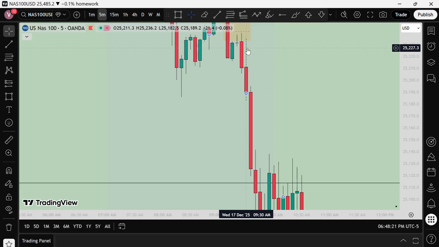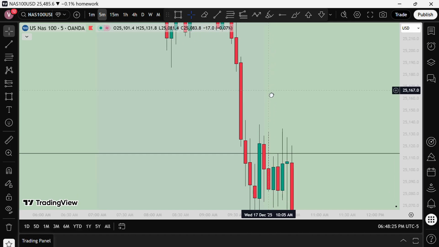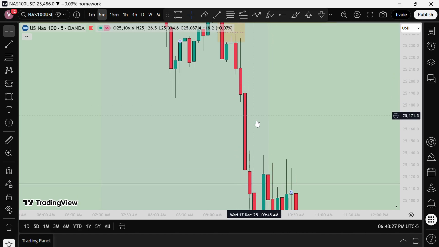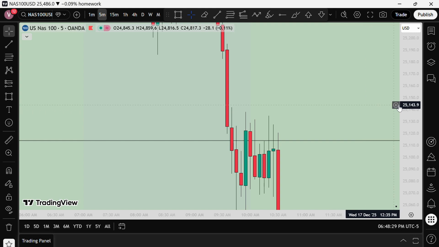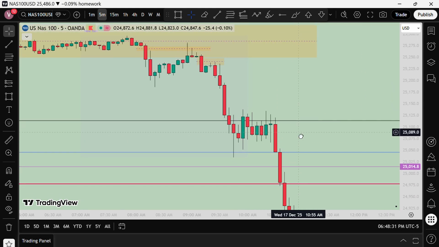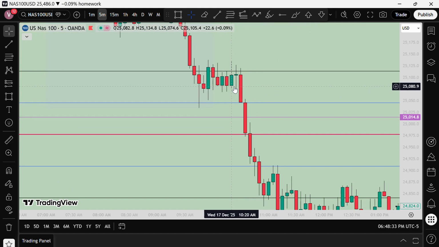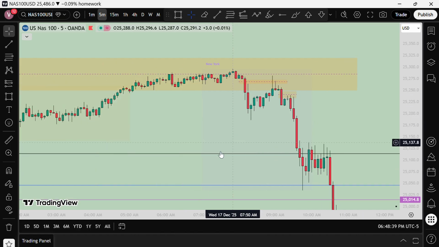After 9:30 opening, we get these big candles. We have breakaway gaps, little consolidation, and then a very strong move lower. I wonder if there were any news drivers for this day. Let's see.